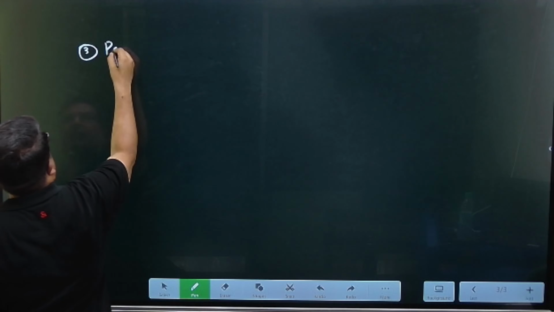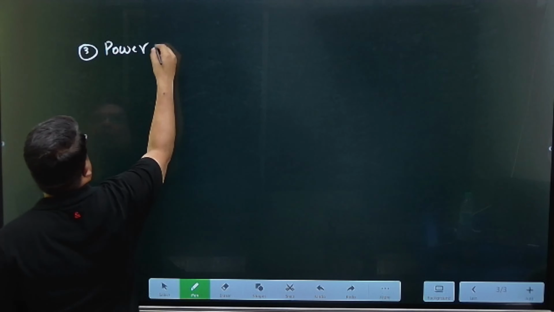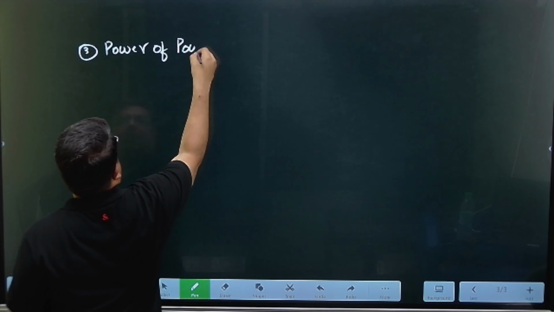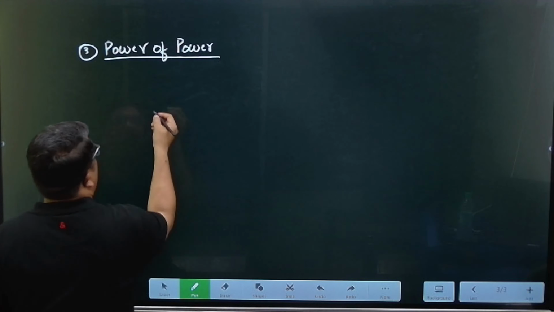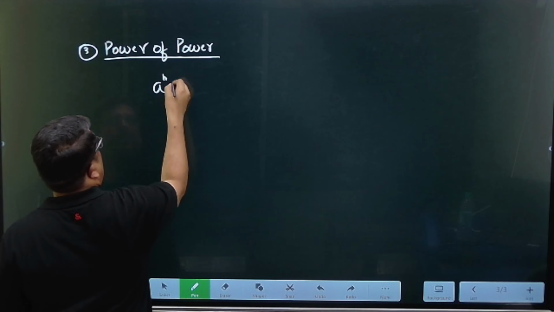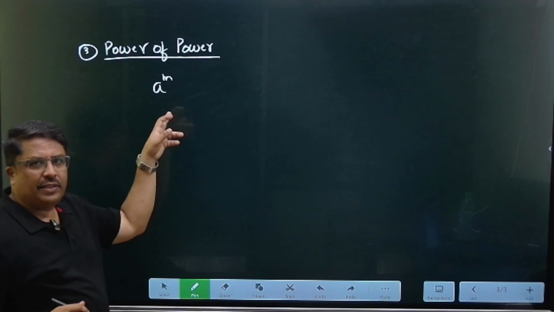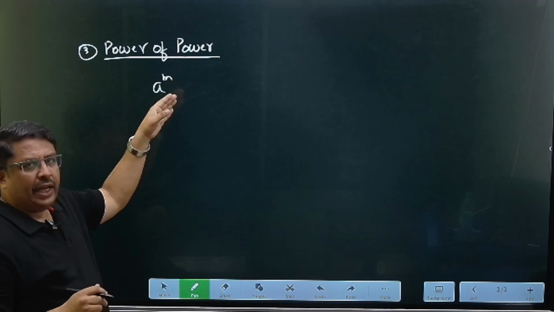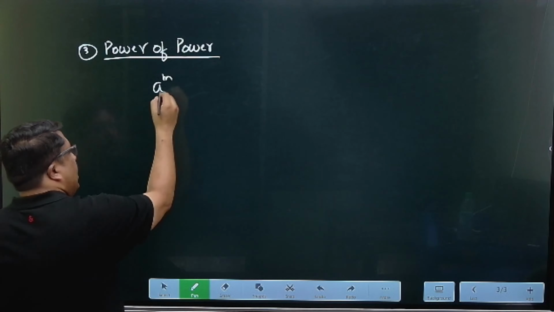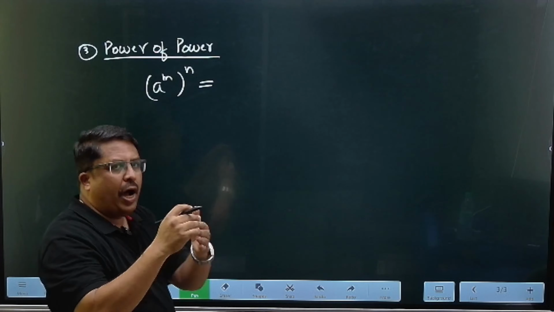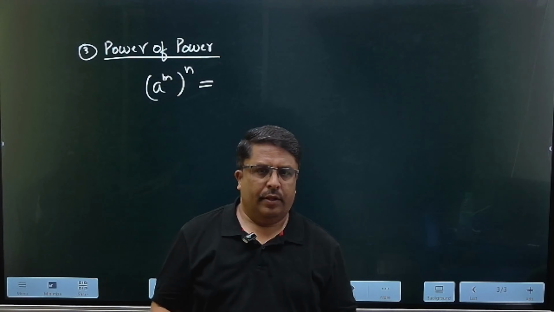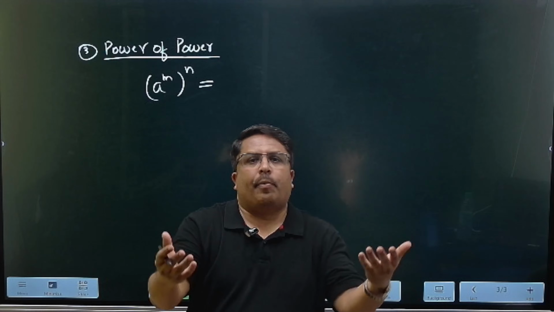Power of power, or exponent of exponent. When we have a term whose base is a, its index or power is m, its power raised to another power becomes an extra power.